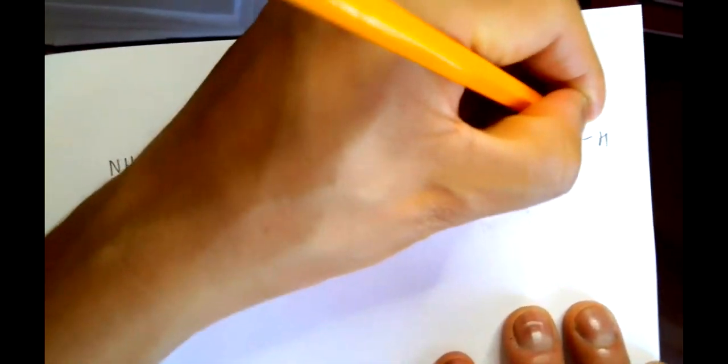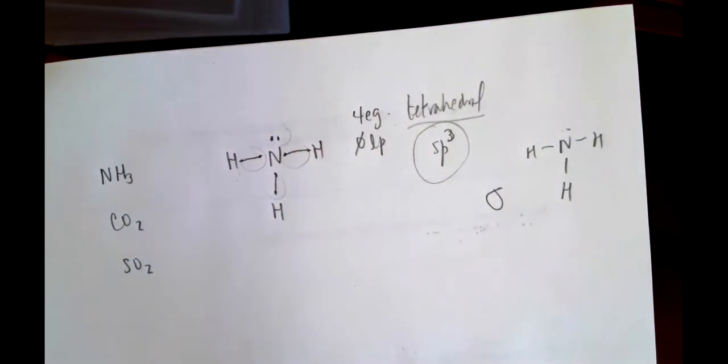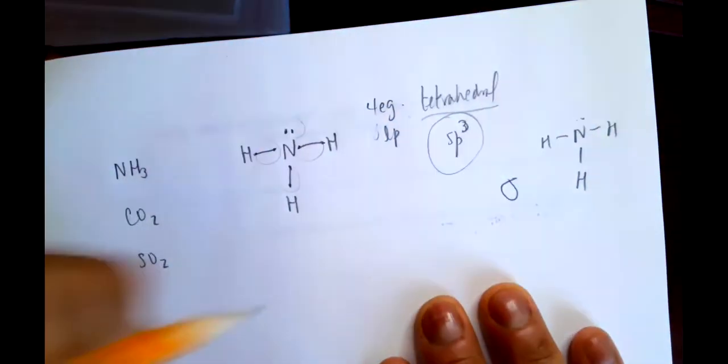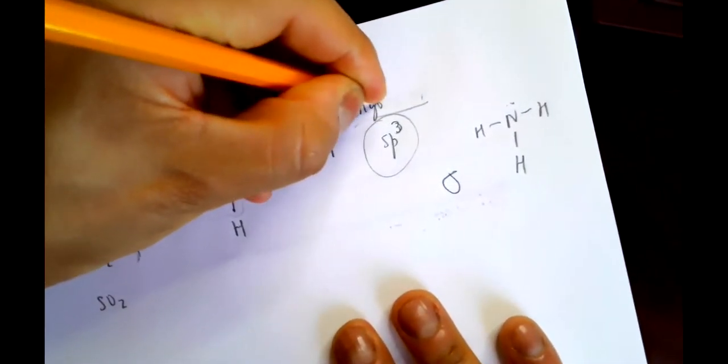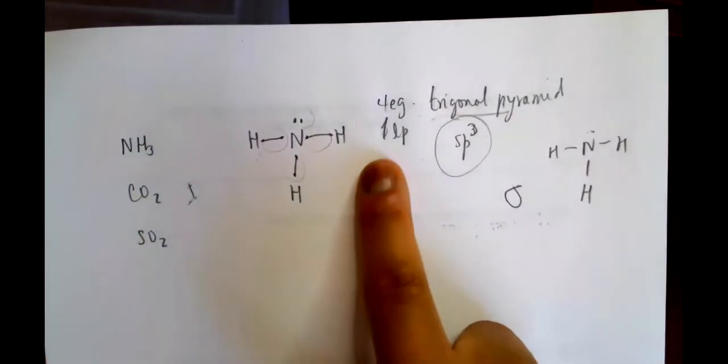How many pi bonds? How many sigma bonds? I have all sigma bonds. The geometry here is, oh my bad, it's not tetrahedral because there is one lone pair. I can see clearly the one lone pair. So it's trigonal pyramid because it has one lone pair.